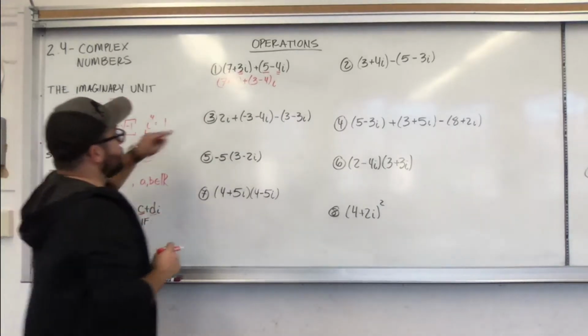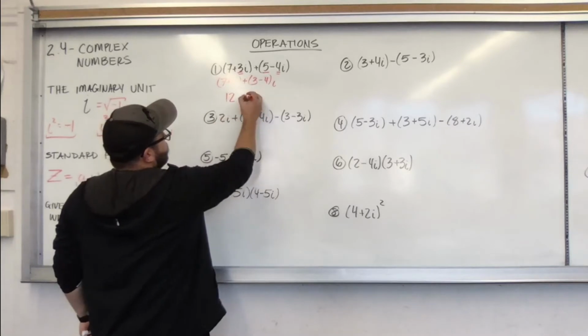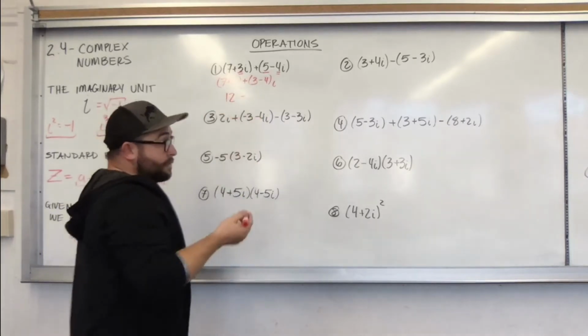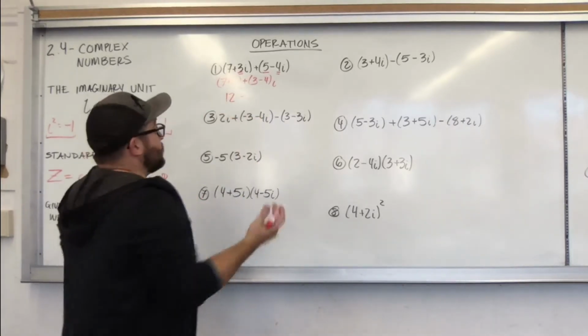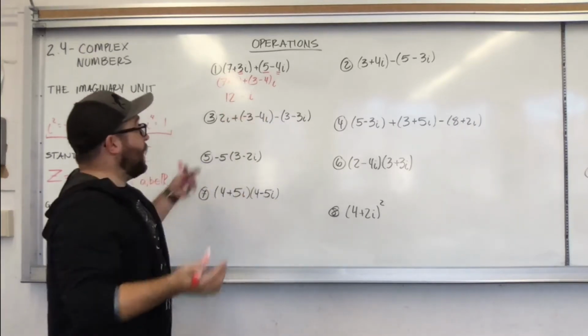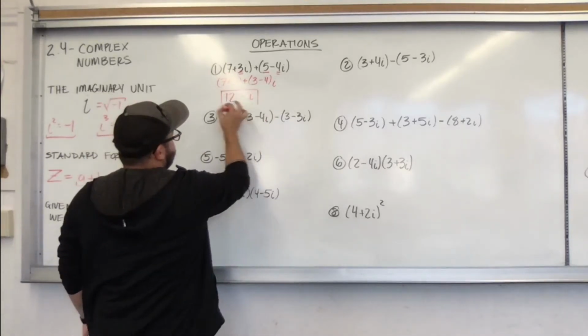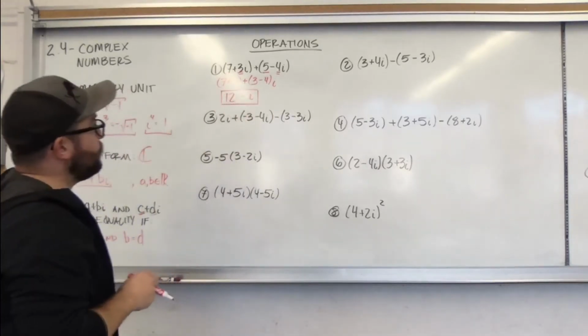And then we just simplify. 7 plus 5, we get 12. There's our real piece. 3 minus 4, we get -1. But -1 times anything is just going to negate it, so we get -1i, or just negative i left over.